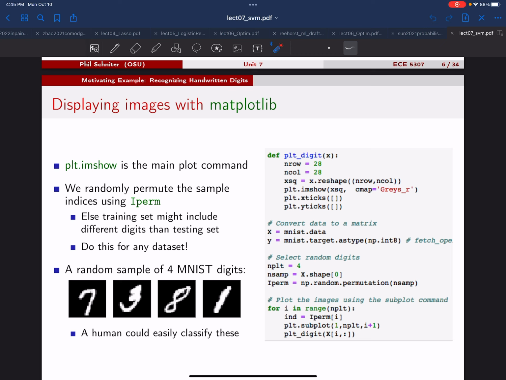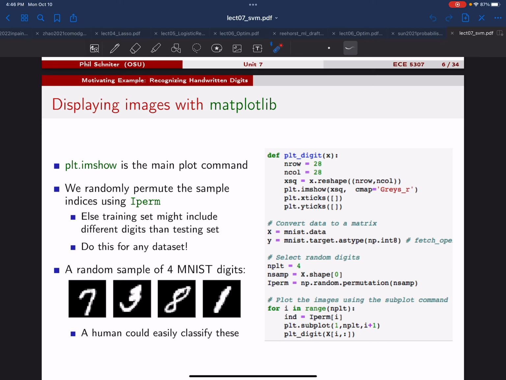The way we're doing the shuffling here is we first figure out how many samples are in our database. We know that's 70,000, but here we're just going to extract that number. And we're going to come up with this permutation. This is a vector where you start out with 0 through 70,000 minus 1, and then you randomly shuffle everything, and you get a new vector of randomly shuffled indexes called iperm. As we go through the number we're going to plot, in this case 4, we take the first and then the second and so on element from this random permutation vector.